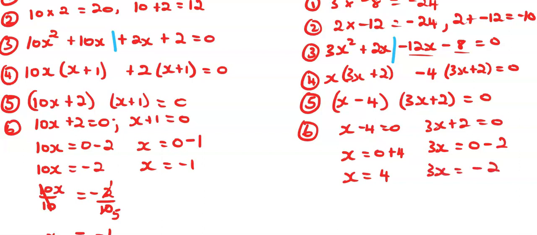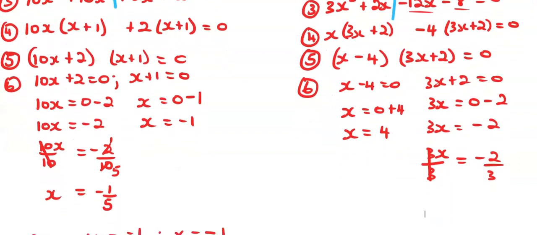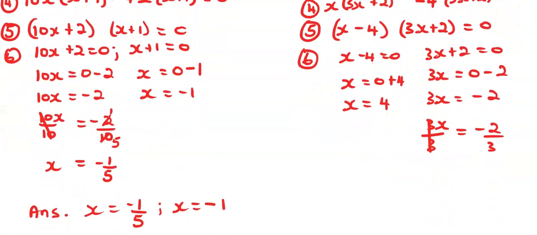In order for us to get that x by itself, we have to do the opposite of multiplication, and that is division. So we're dividing by 3 on both sides, because we have to keep the scale balanced. So there we go, guys. X is equal to negative 2 over 3.